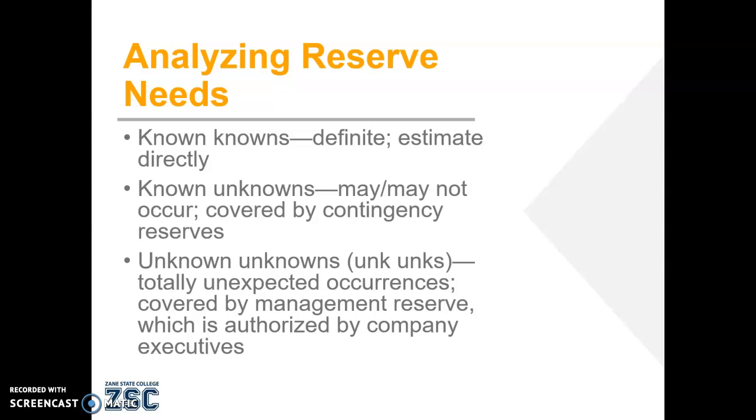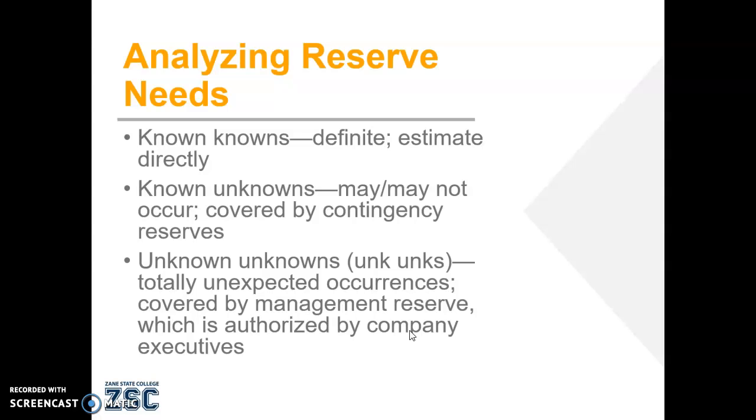So they're things that we know, but don't know whether or not they will occur. So essentially, it's just on a spectrum. We're getting a little further away from what we can reliably predict. So there are things that we know could happen. We just basically don't know whether or not they will.